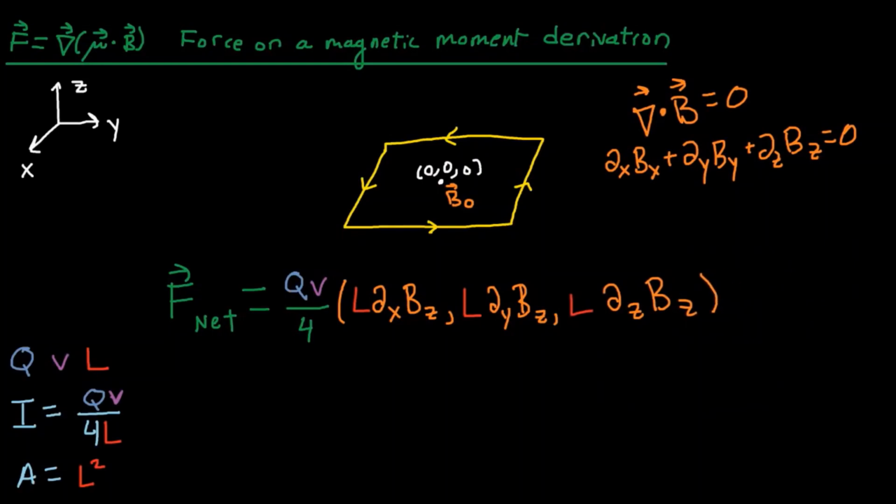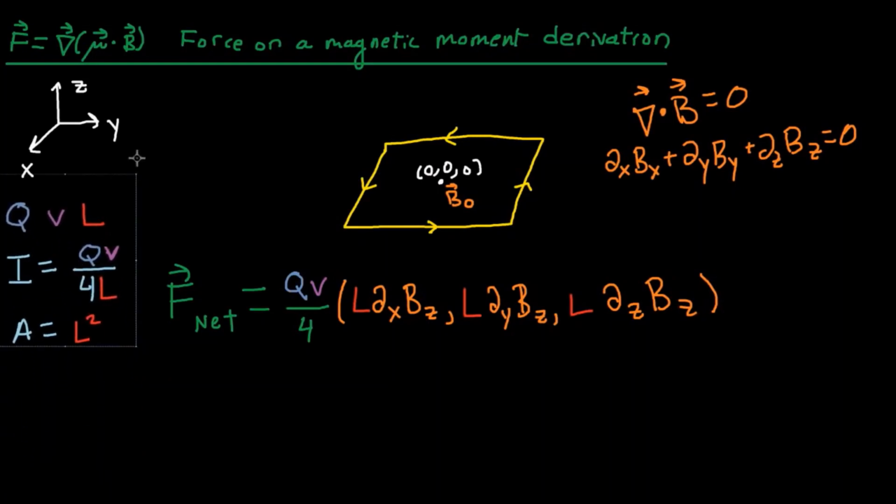Okay. Now we've almost finished the job, but we just gotta rewrite a few things. So if I bring all these symbols up here, notice that we're thinking about the current again. The current I times the area A is equal to QV over 4L times L squared. That's equal to QVL over 4.